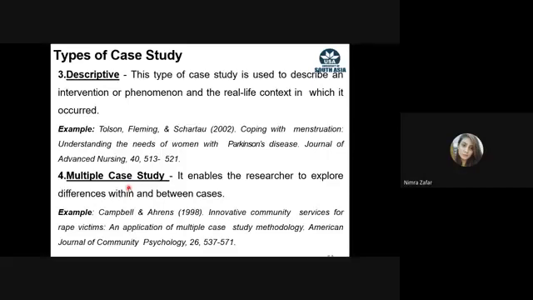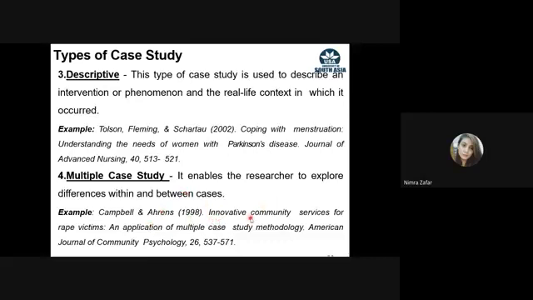Then we have multiple case study. It enables the researcher to explore differences within and between cases. So if we have a number of cases, we will explore the difference within and between those cases by doing a case study.